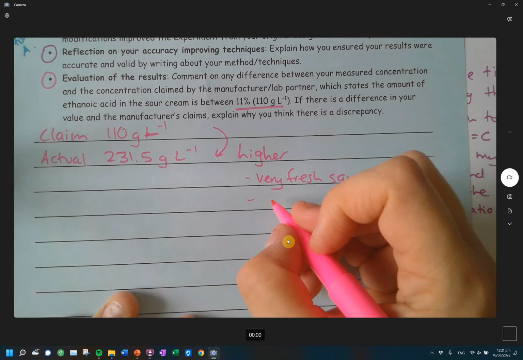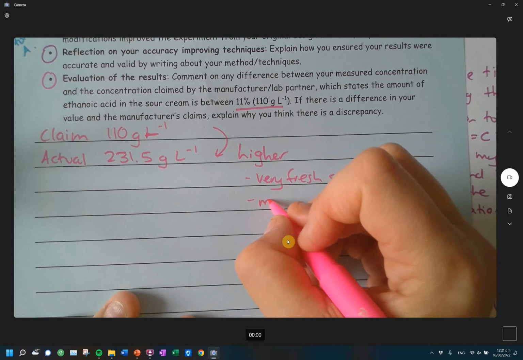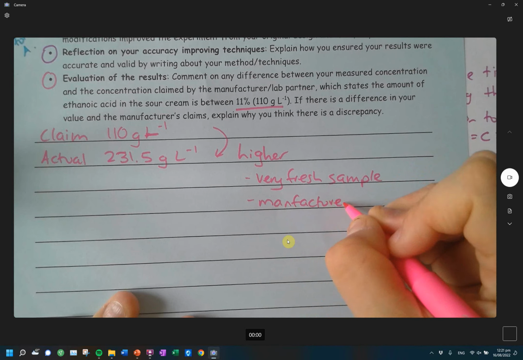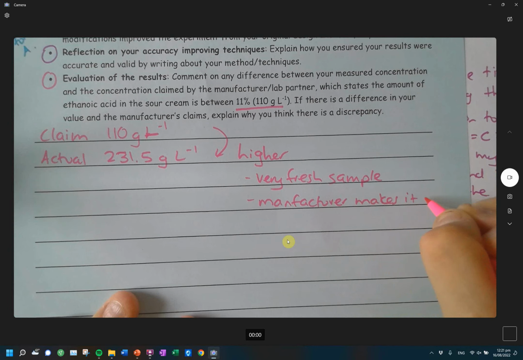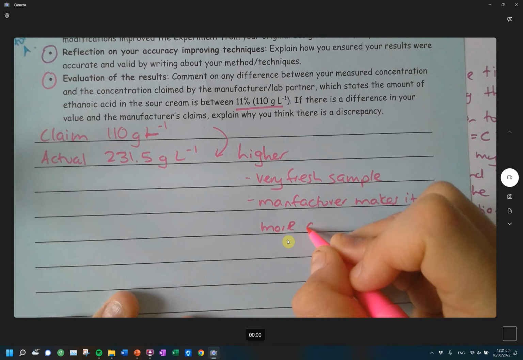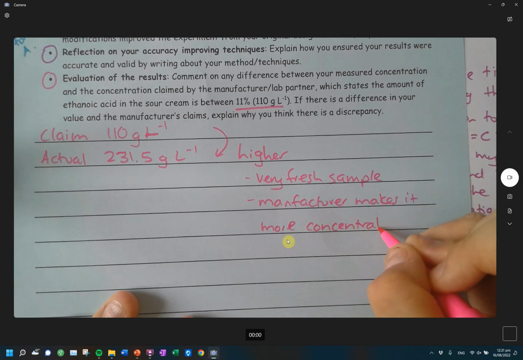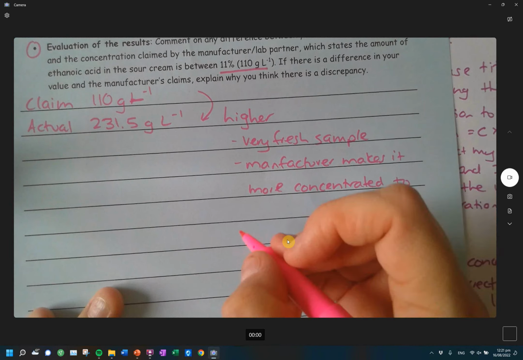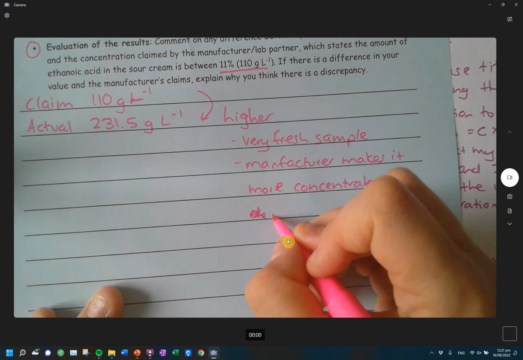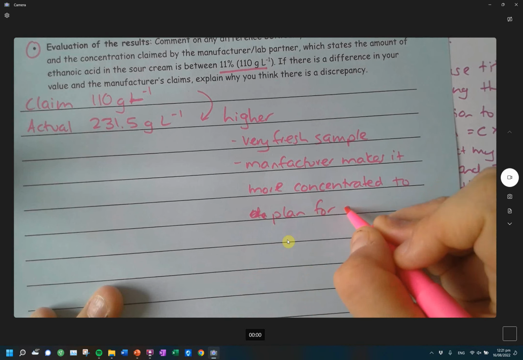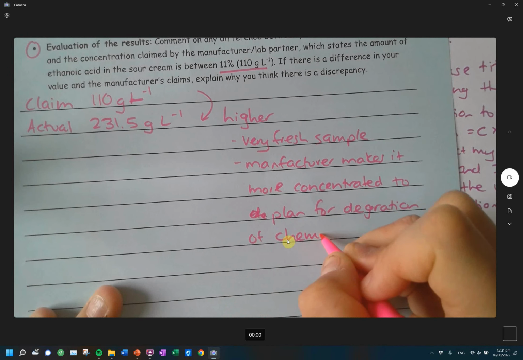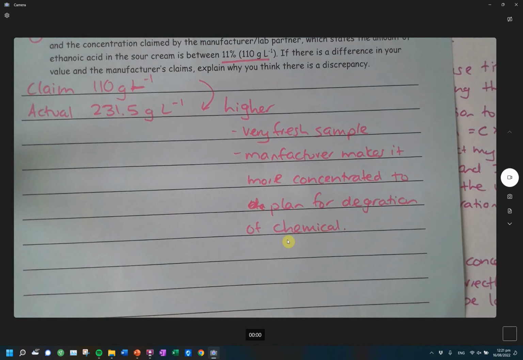The manufacturer makes it more concentrated, planning for degradation of the chemical. And that's one example.